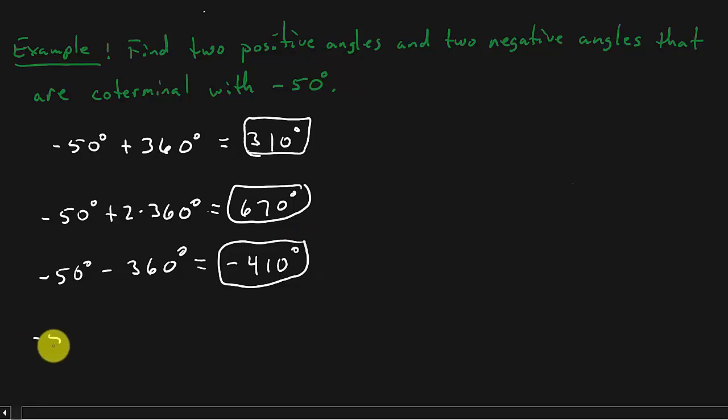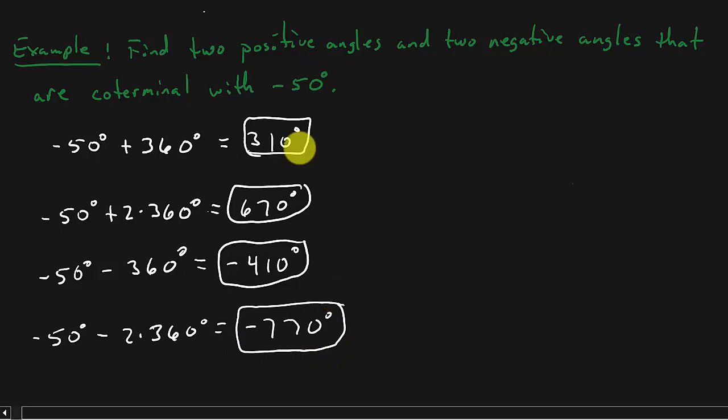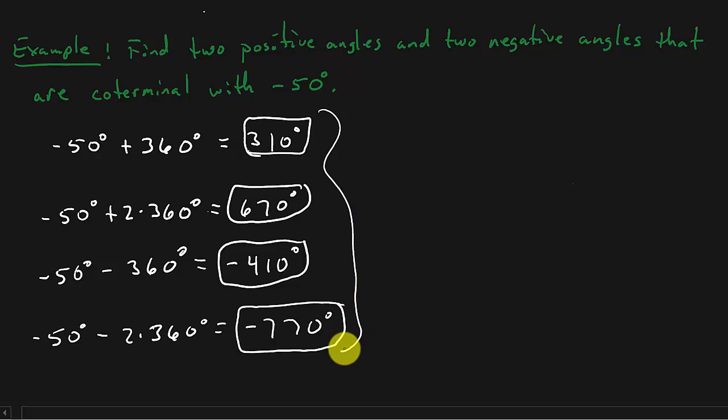And then I also need two negative angles, so I can subtract 360 twice. So 2 times 360, and if I subtract 360 twice, that's going to give me negative 770 degrees. And if you drew all of these angles out, the negative 50 and all four of these, they would all have the same terminal side, just different amounts of rotation.